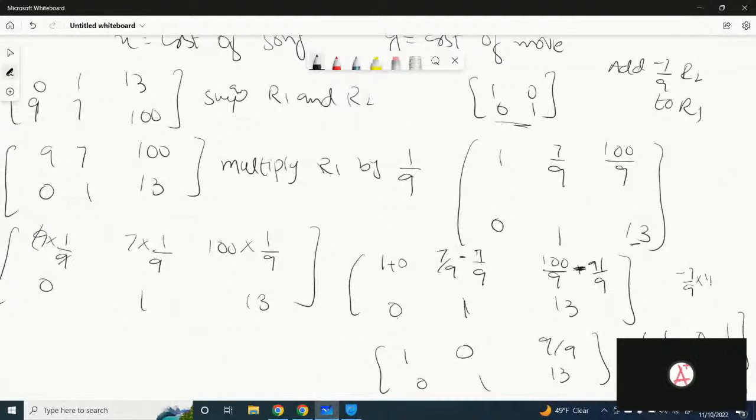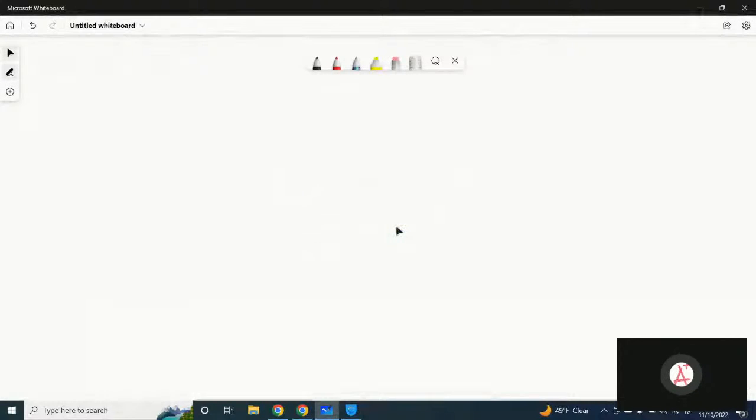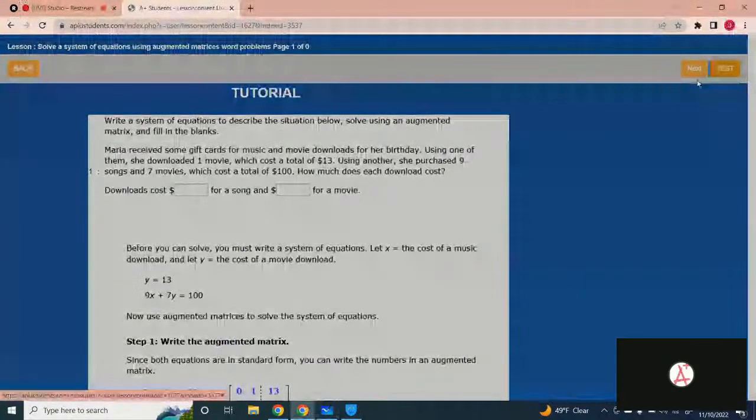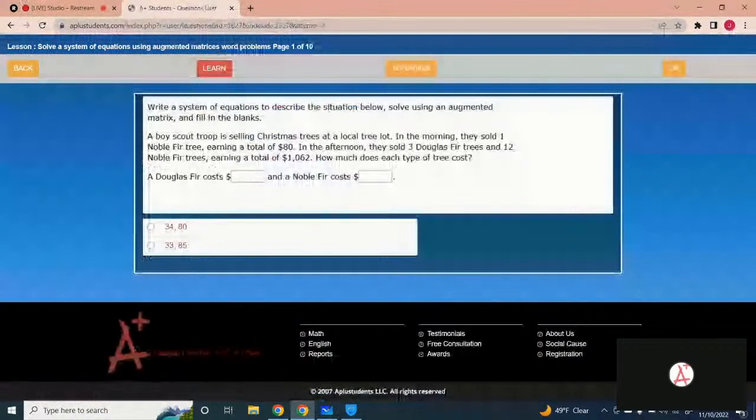Let's start with the test questions. Okay, write a system of equations that describes the situation below.